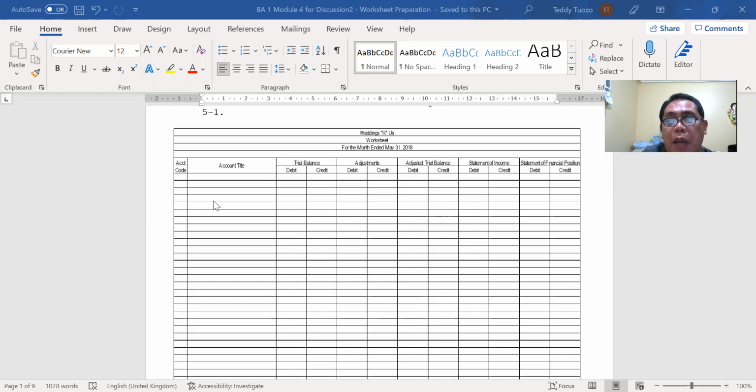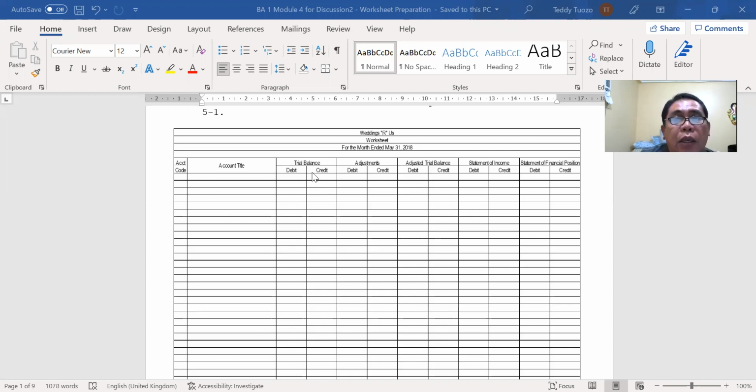Account titles should really start from the margin. Do not leave space, no? Remember that accounting is an art. I will always remind you not to indent, keep it at the margin.